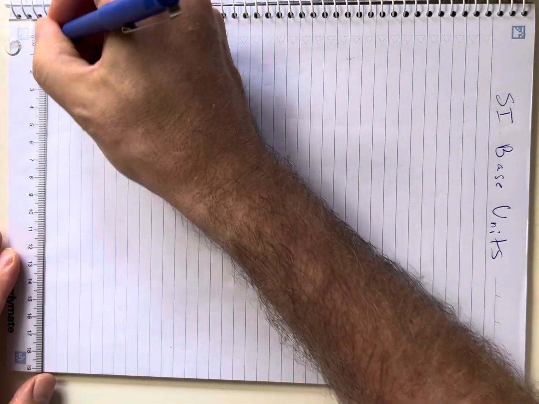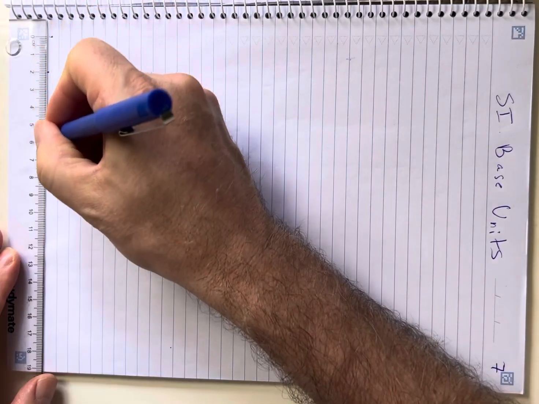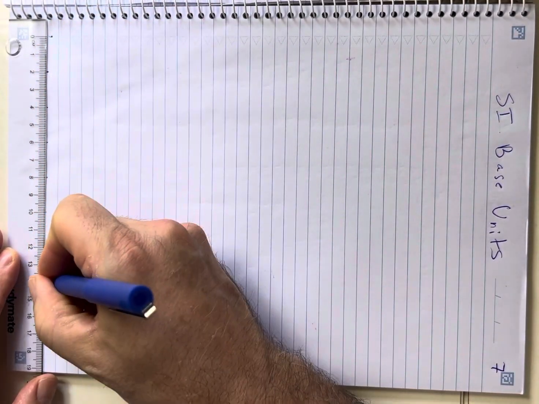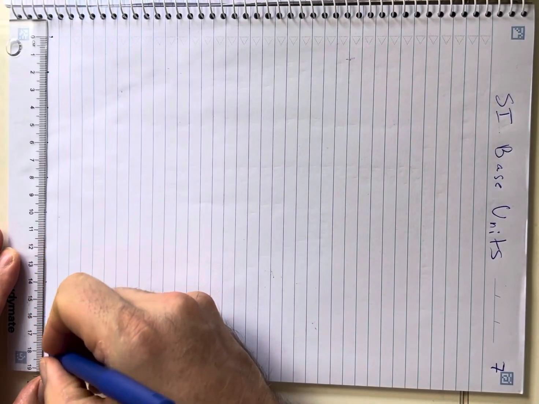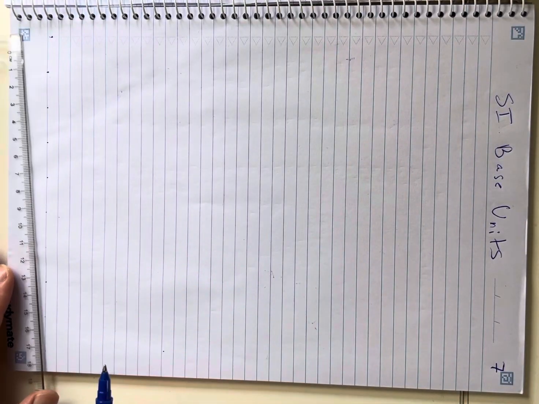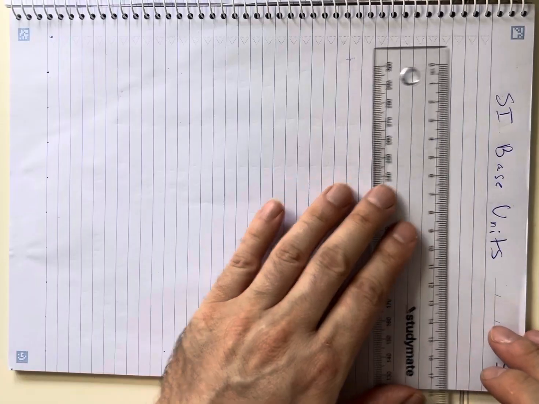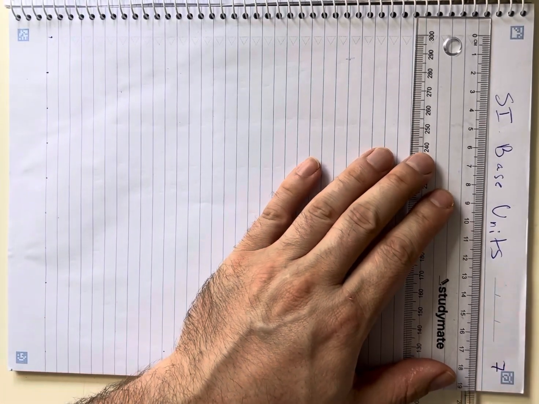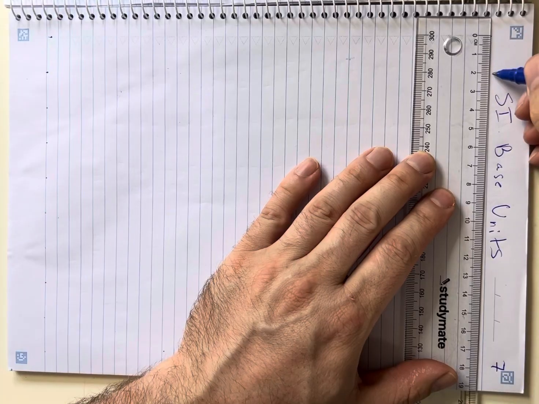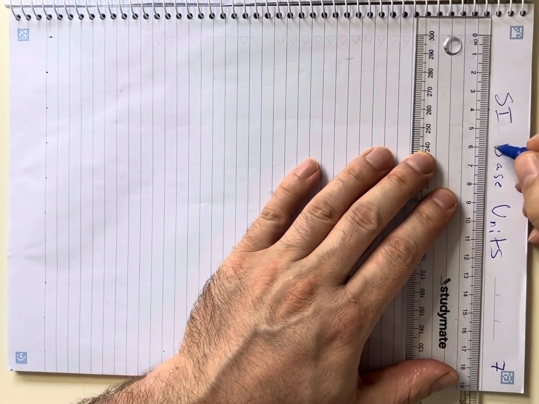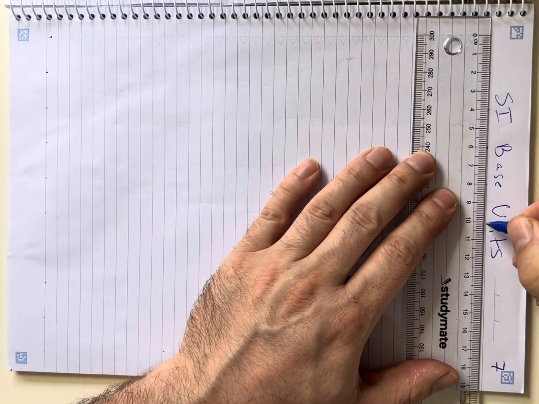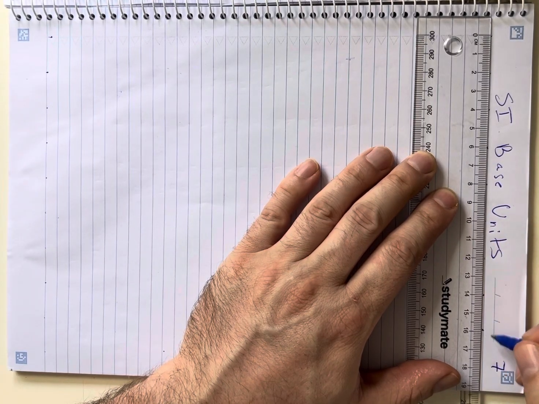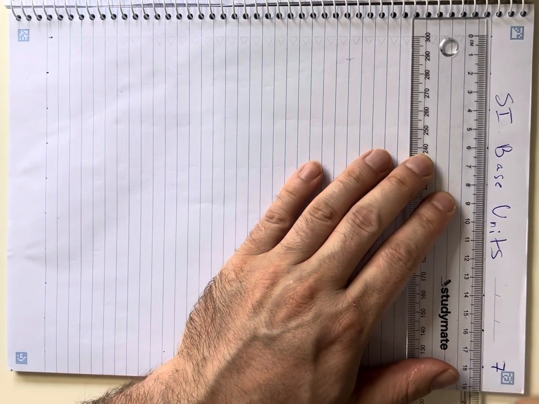And we'll go here, and we'll go 2, 4, 6, 8, 10, 12, 14, 16, 18. And we'll go over here and start at about the same point, and we'll go 0, 2, 4, 6, 8, 10, 12, 14, 16, 18.